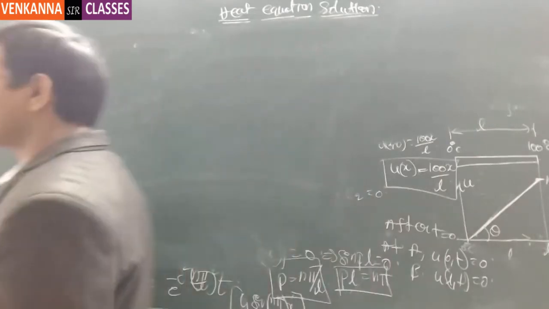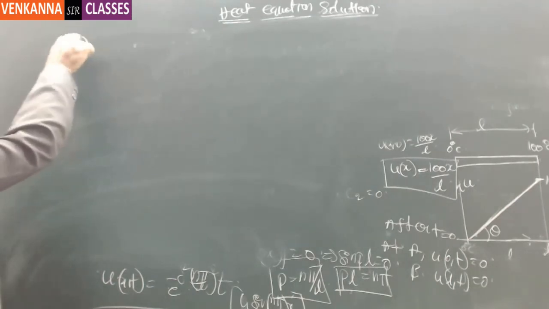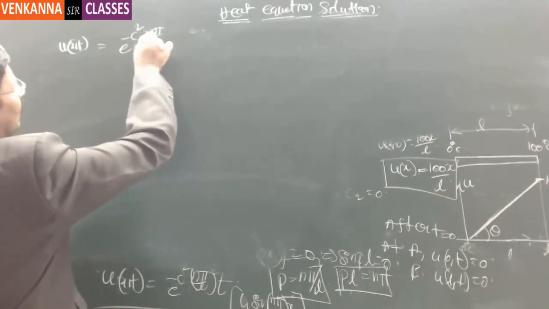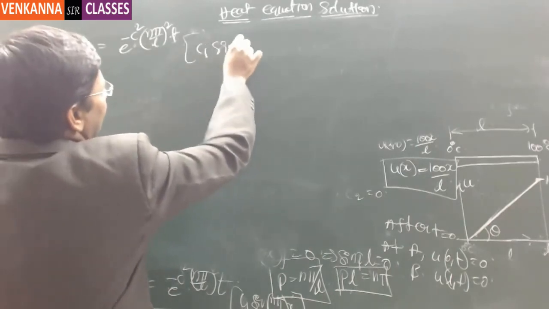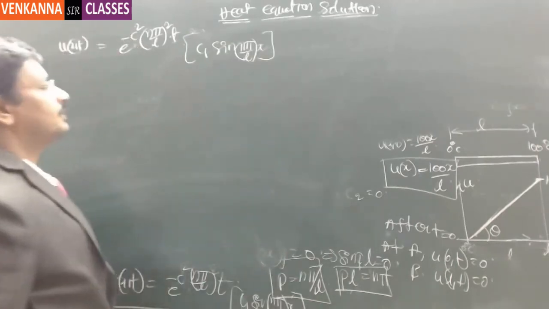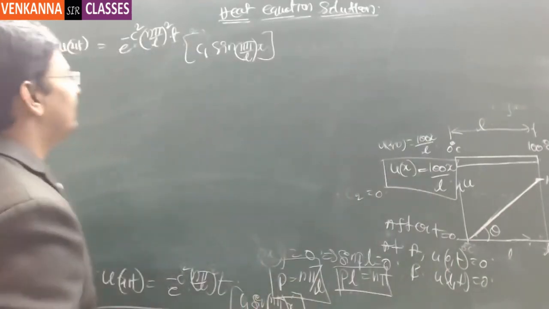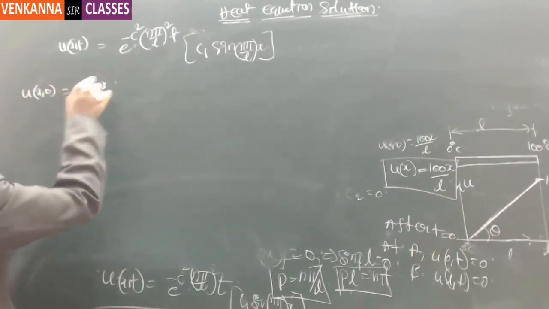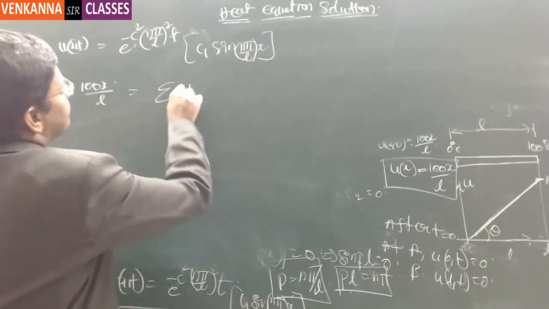Now we will be using the last boundary condition. We have got the solution in the form of u of x comma t equal to e power minus c square n pi by L whole square times t, and then c1 sin n pi by L into x. Then the initial condition u of x comma 0 is 100x by L. So u of x comma 0 is equal to 100x by L, and this is equal to sigma Bn.